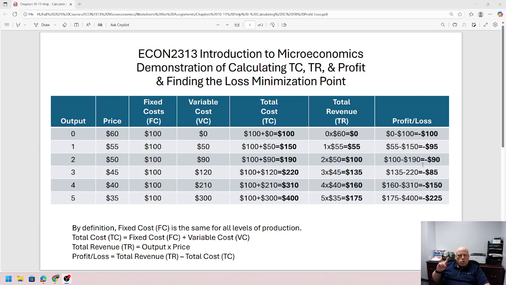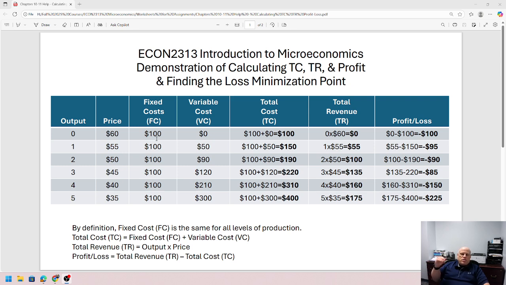But you have to remember, in the short run, which is what we're looking at here, we have fixed costs. We have a cost that we have to incur no matter how much we produce. Even if we produce nothing, our fixed cost in this example is $100. So we're going to lose $100 no matter what we do. Okay, if we choose not to produce in the short run, we're going to lose $100.